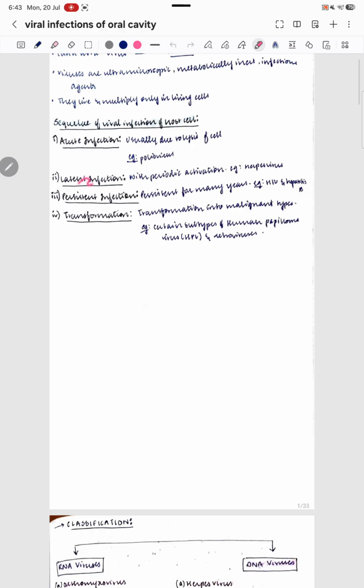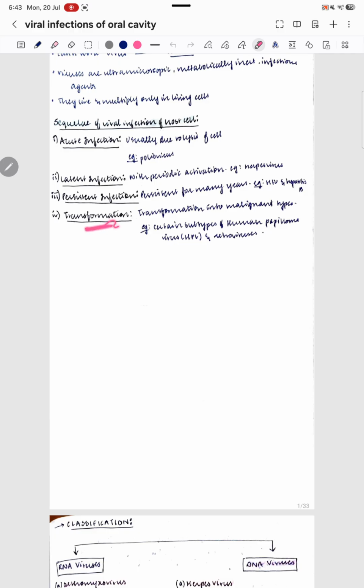Basically, latent infection means there is a period of rest, after that there is the activity of the infection. Then persistent infection, persistent for many years, like a chronic kind of infection.